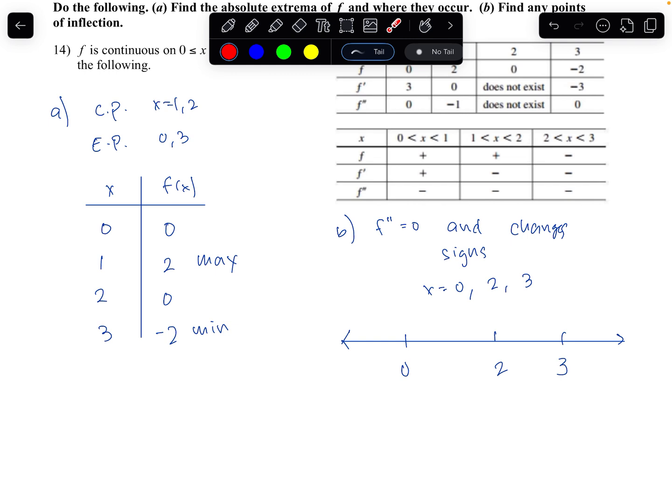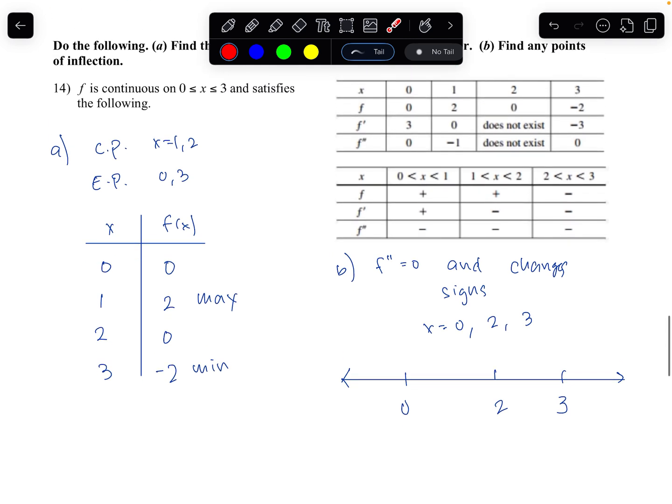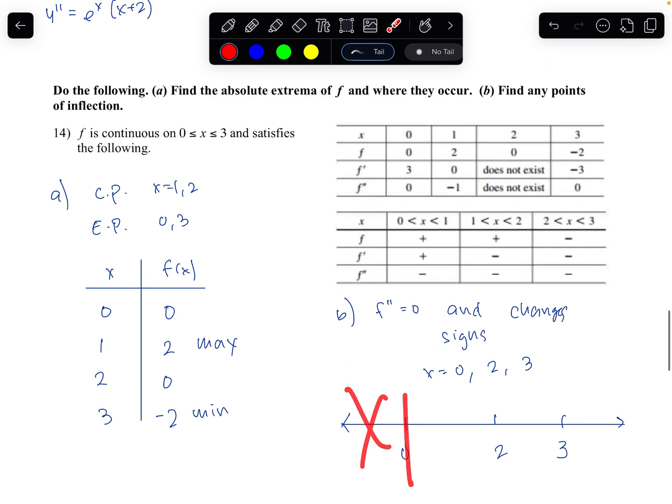Well, the function doesn't exist over here, or over here. Interesting. So between 0 and 2, the second derivative is negative.